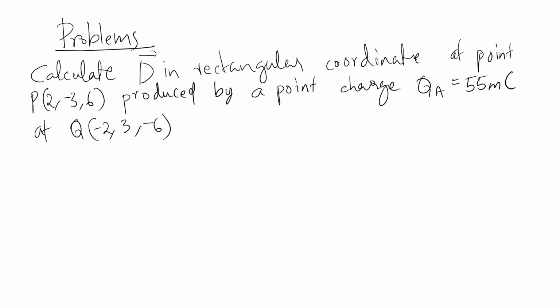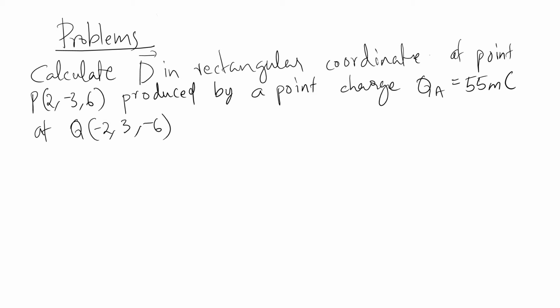We will work out some problems regarding flux density. Calculate D in rectangular coordinates at point P(2, -3, 6) produced by a point charge Q_A equal to 55 millicoulomb at Q(-2, 3, -6).